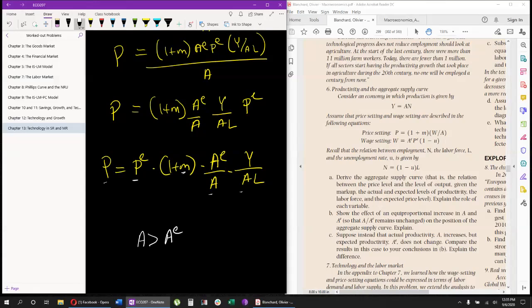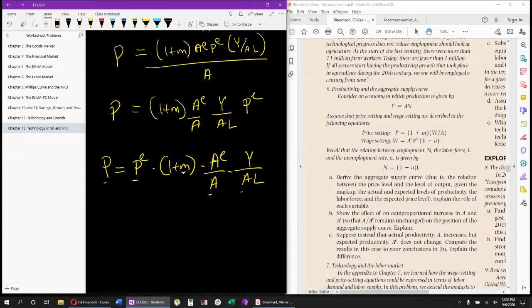In that case, firms will not be making as much profit as they would have expected, but they're paying a higher wage. So what they will do is try to increase the price. As a result, price will go down because the technological advancement hasn't happened. So once again, when A goes up, P goes down. So these are the different relationships.